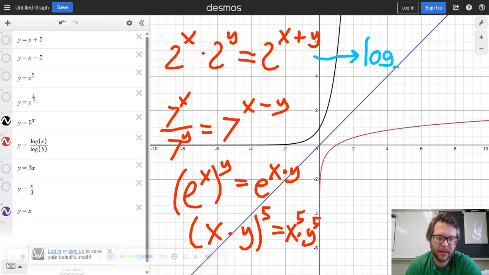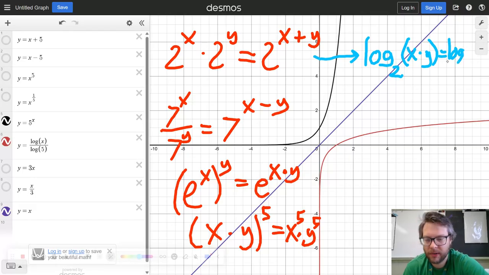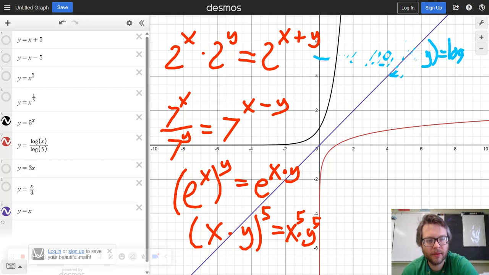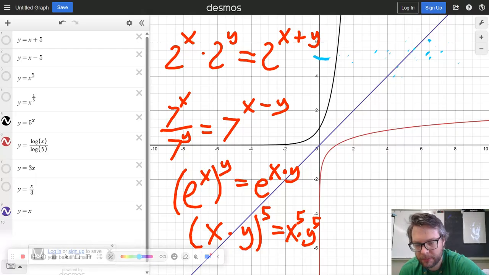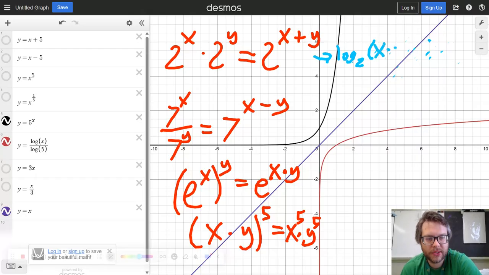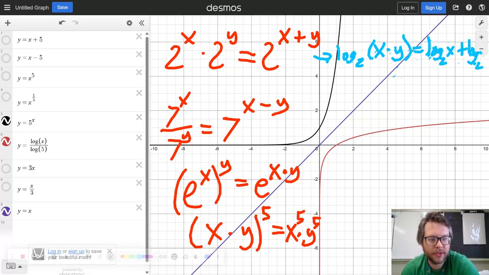So what we can say is that the log base 2 of x times y becomes log base 2 of x plus log base 2 of y.